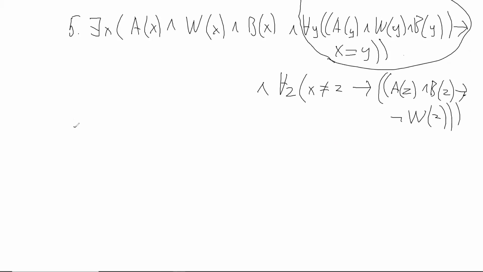All right, number 6. The Pegasus is a winged horse. Ooh. So there are a couple different readings, I think, of how we could think of this sentence. So the first one is the following.